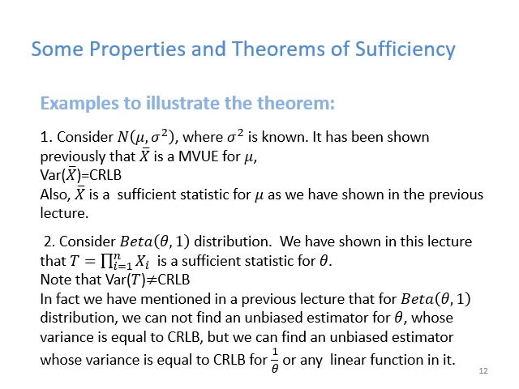Now let us consider a second example. Assume that we have a random sample from the beta distribution with parameters theta and 1. We have shown in this lecture that T equal product xi is a sufficient statistic for theta. But does this mean that the variance of T is equal to Cramér-Rao lower bound?